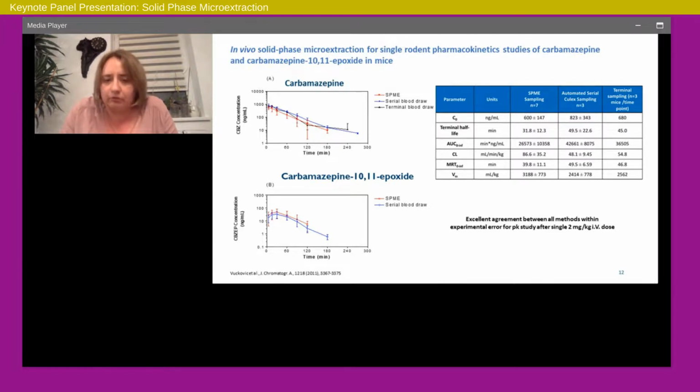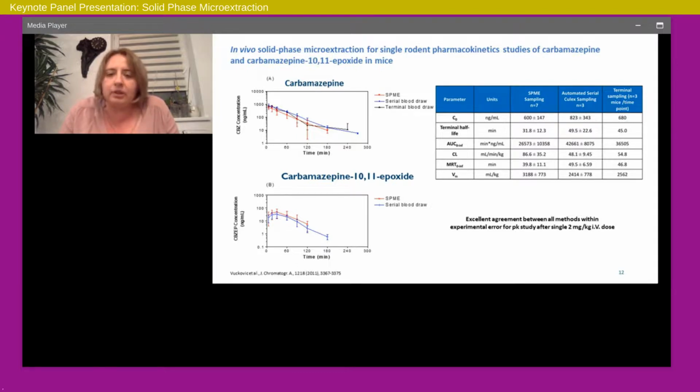So for those of you who are not familiar with the technologies, basically for this kind of studies, pharmacokinetic analysis, you really need to use number of animals. So you either sacrifice one animal per data point, that's for the terminal, or you can basically take a volume of blood, but then the animal needs to recover for some time to be used for next sampling. So as you can see here, basically the number of animals needs to be quite large to get this full pharmacokinetic profile as shown on the picture.